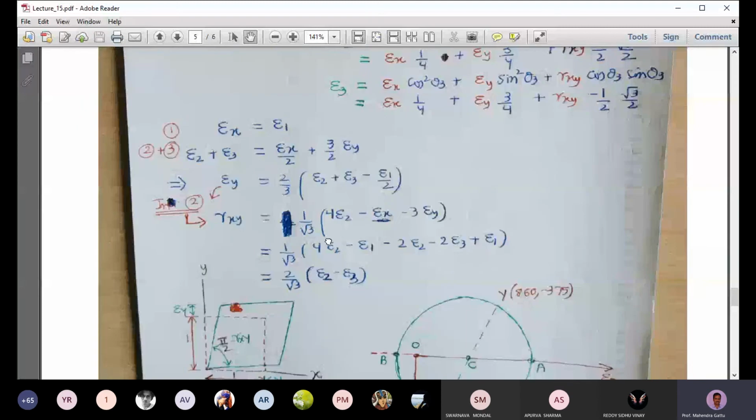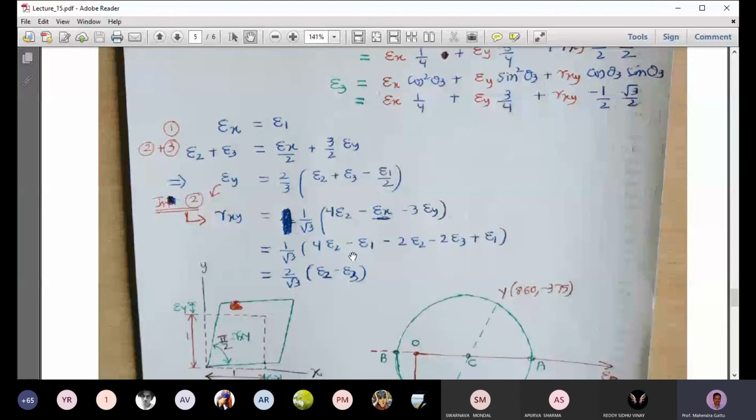Okay, so epsilon 2 value, epsilon x value is known, which is epsilon 1, and 3 epsilon y. So 3 epsilon y means we multiply this equation with 3, we get 2 epsilon 2 plus 2 epsilon 3 minus epsilon 1. So minus 2 epsilon 2 minus 2 epsilon 3 plus epsilon 1. If you do that, some terms will cancel out, epsilon 1 will cancel out, and we'll be left with 2 of epsilon 2 minus epsilon 3 by root 3.